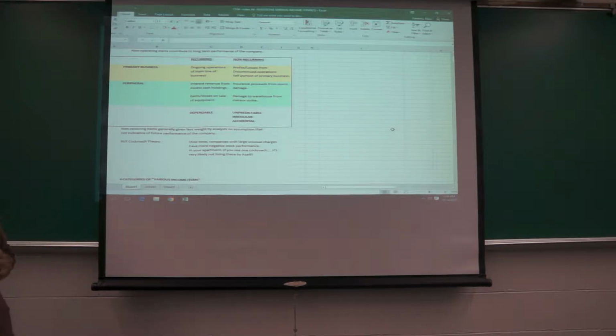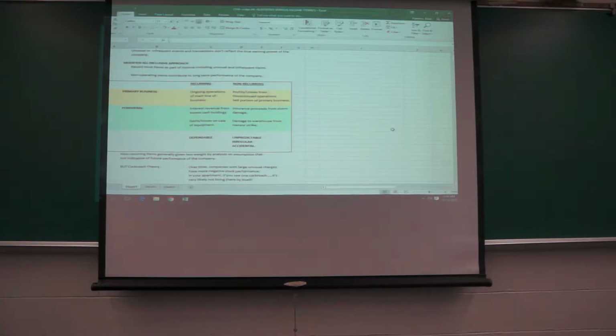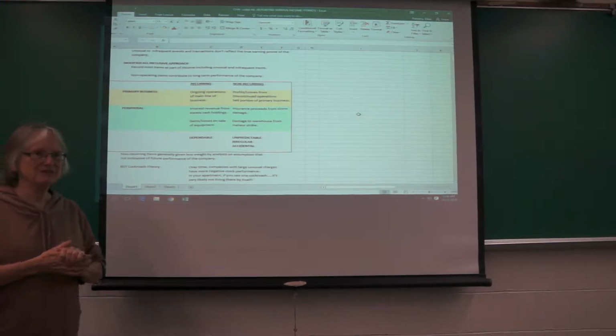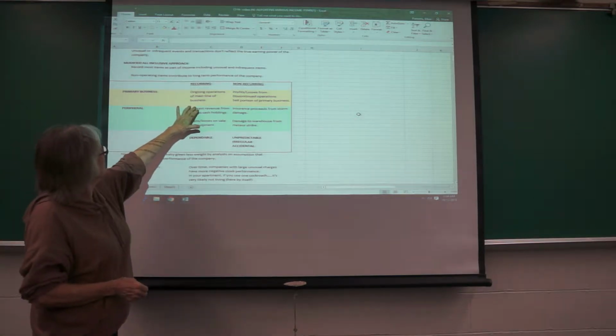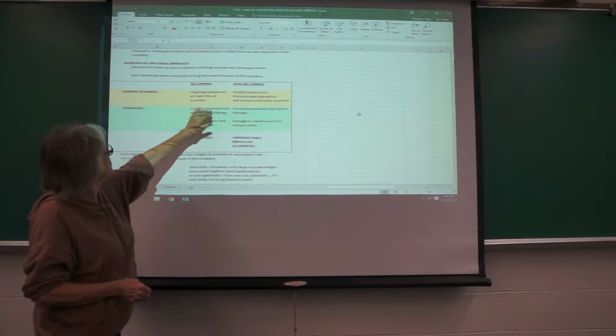So before we get into this, I talked a little bit before about what gets included on the income statement, and we're using the modified all-inclusive approach. Just to think about it in chart-like terms, you've got your primary business, the ongoing operations.